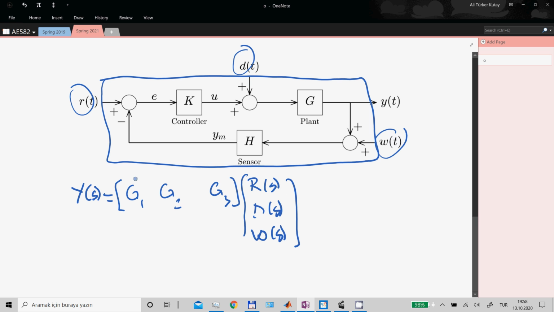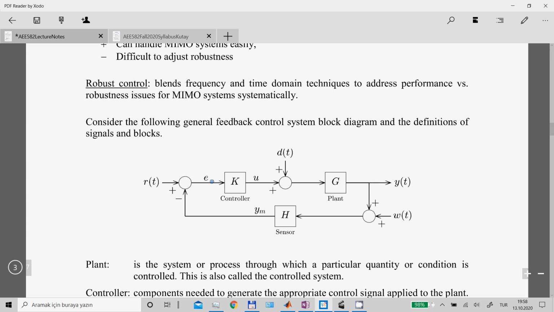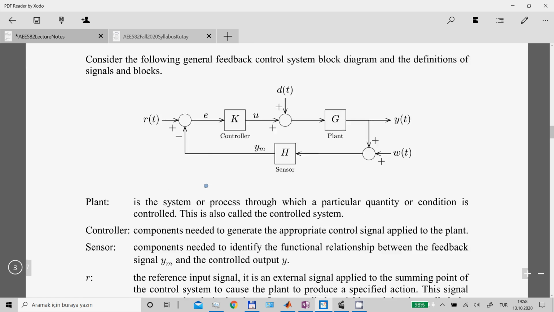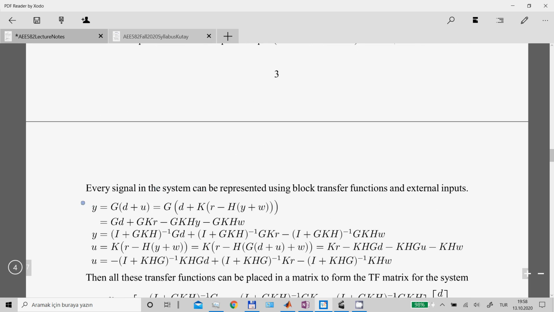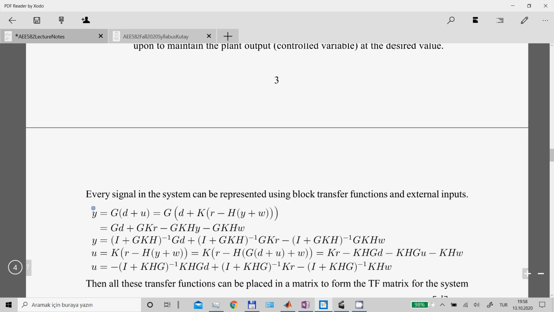And you should be able to write each one of these transfer functions by looking at the block diagram. Okay, so if you have taken these controls courses, then you should be very comfortable with doing that. But let me just show you some examples of how you do that. Okay, so let's just scroll down here. And okay, so first we write the output Y in terms of the three inputs.